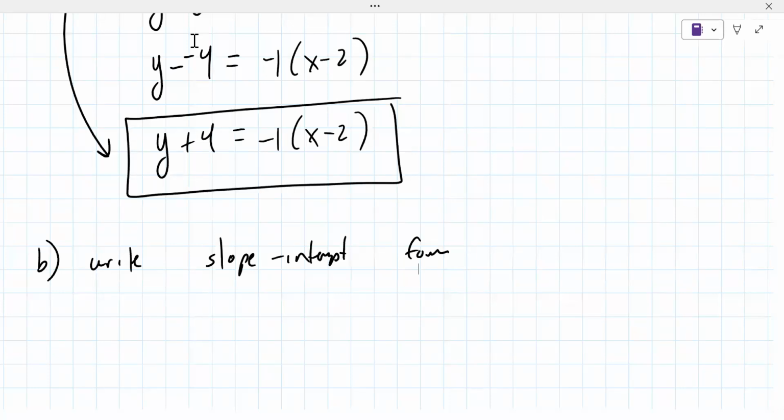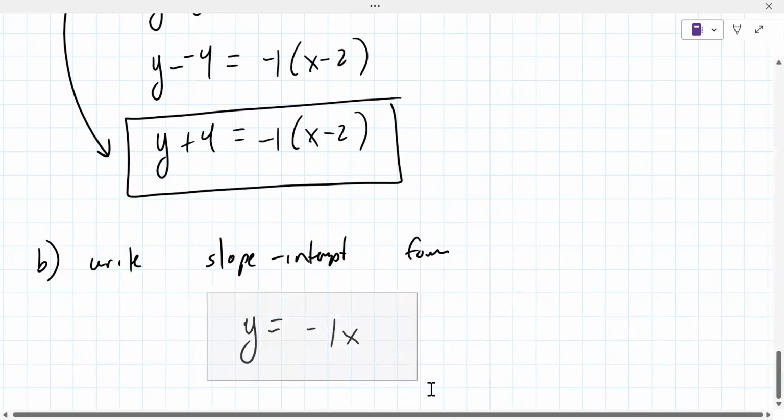Is it clear what I'm asking you to do here? Is it y equals negative 1x plus 2? Close. I mean, yeah, real close. When you distribute the negative, that's really where most of the issues occur.